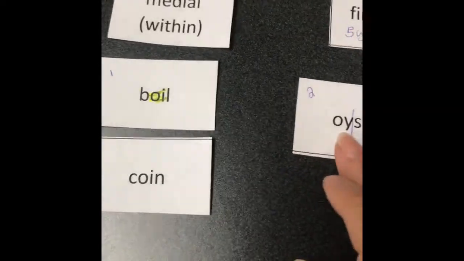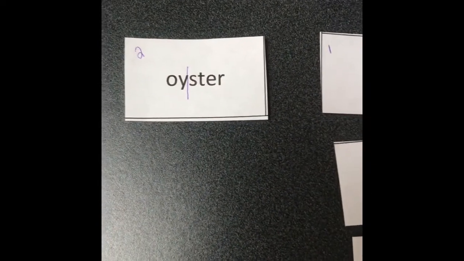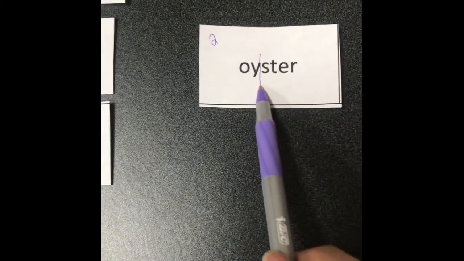So I'm going to write syllable here. If it's at the end of a syllable or the end of a word, I'm actually going to use OY. So here, I'm going to move this to be a subcategory of the final sound of OY because this is the end of a syllable.